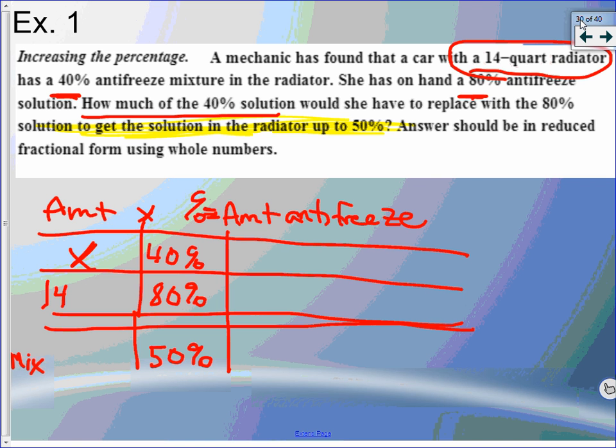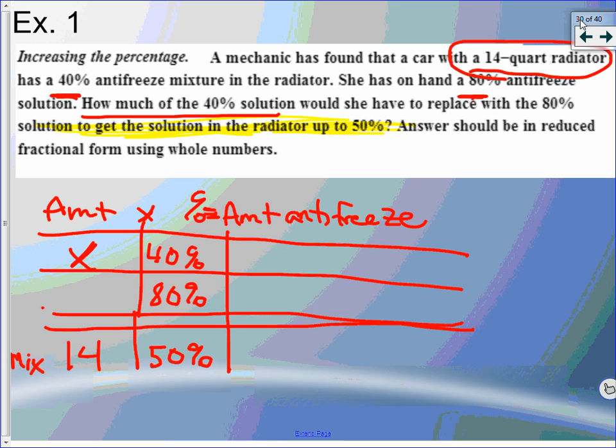Okay, let's think about this. I'm asking what to write right there near that big cross-out thing that I'm doing. You need 14 and you have X. Okay, I need 14 total. So I need my mixture to be 14.